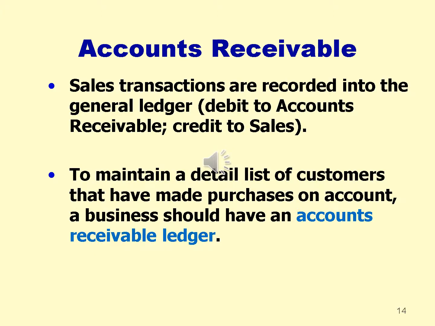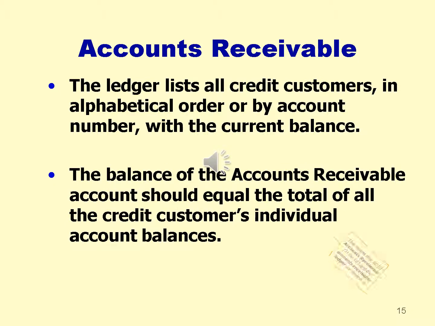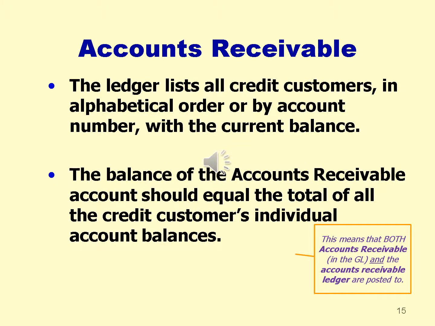We mentioned earlier that the sales account is credited at the time of the sale. The debit would go to accounts receivable, an asset account. An accounts receivable ledger is also maintained for each individual customer.